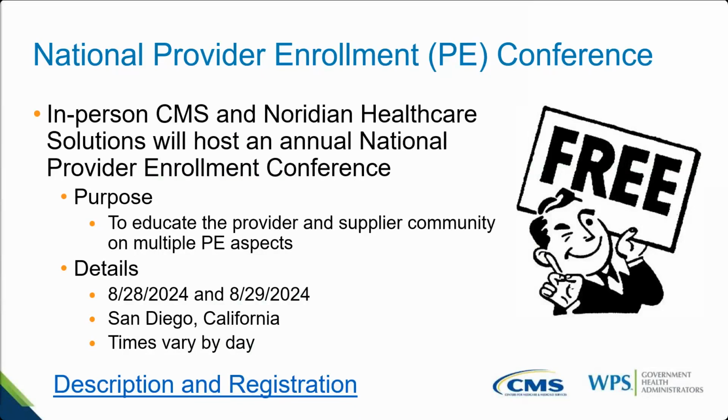They're working with Noridian to set that up, and they're hosting that in San Diego, California, in August, August 28th and 29th. They're going to be talking about really all things provider enrollment, both Part A, Part B, any upcoming regulation changes, any proposed changes, any system changes. Not seeing anything on the agenda about PECOS 2.0 just yet, because that's still in development, but August is a little ways away, so stay tuned.